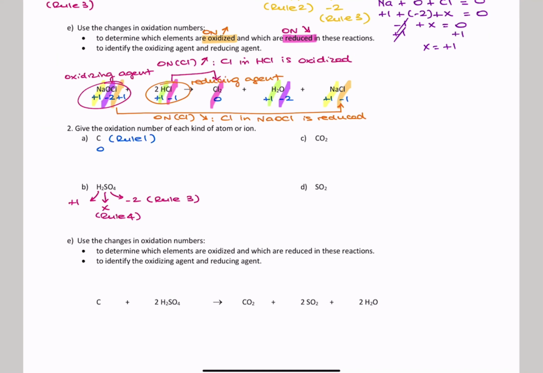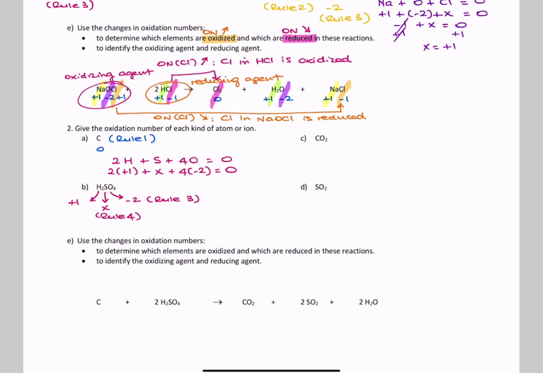So what is happening here? We have 2 hydrogen, 1 sulfur, 4 oxygen, and overall, the compound is neutral. Therefore, 2 times the oxidation number of hydrogen plus X, since we don't know the oxidation number of sulfur, plus 4 times the oxidation number of oxygen should be equal to 0.